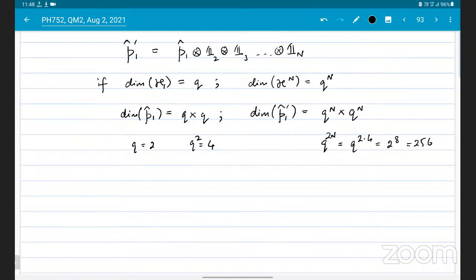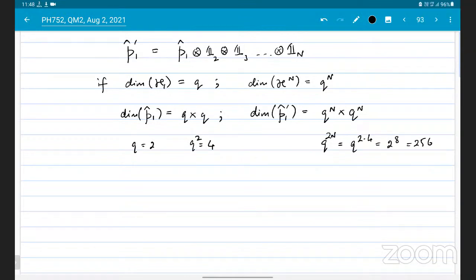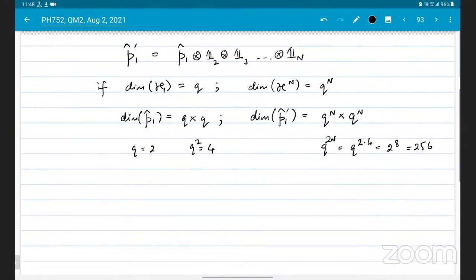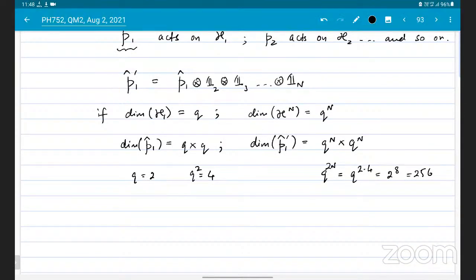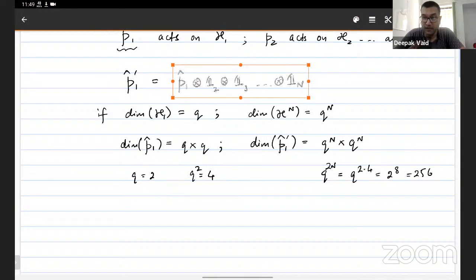Sir, I have one doubt. Let us assume there is an interaction between particle 1 and 2. So my measurement of momentum of P1. Okay, all of those things will come later. I'm just talking about the definition of operators. Defining an operator in this way does not mean that I am restricting any interactions between particles.